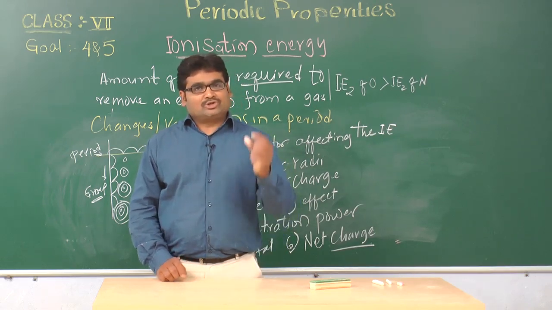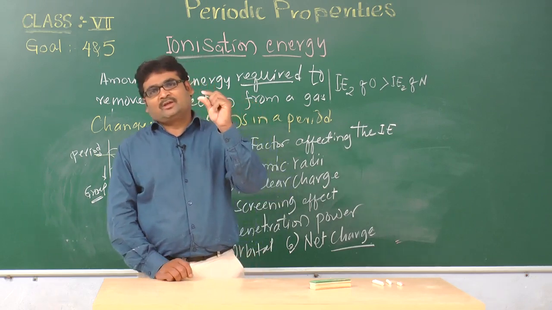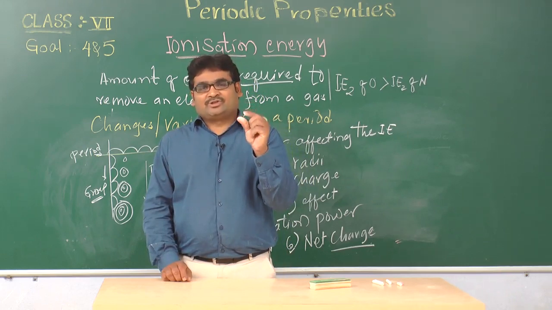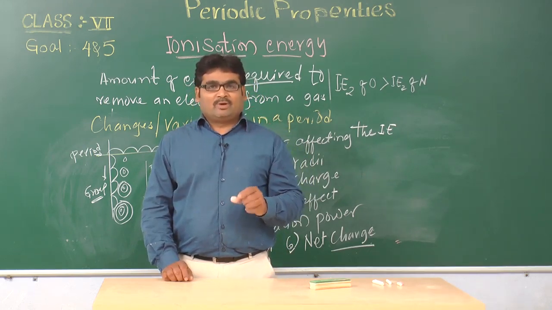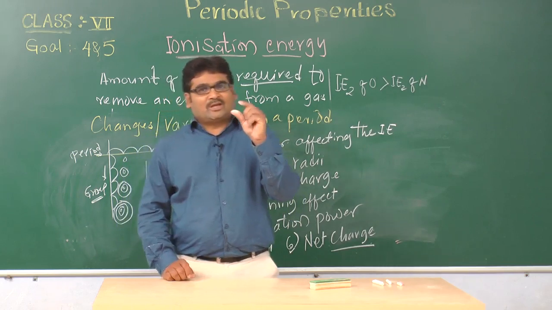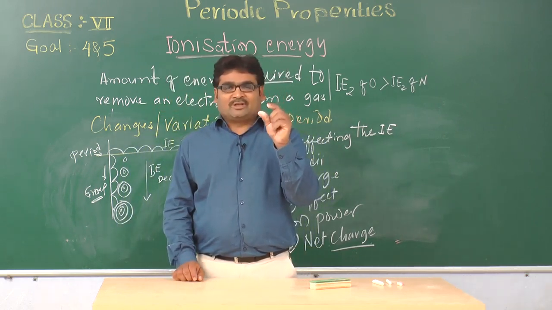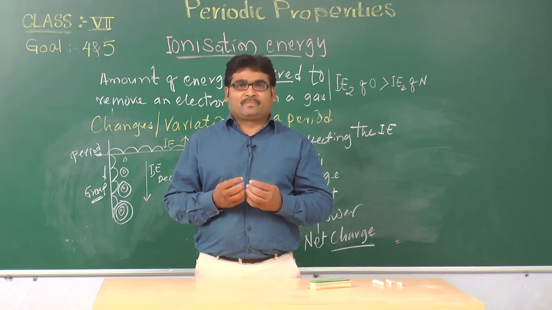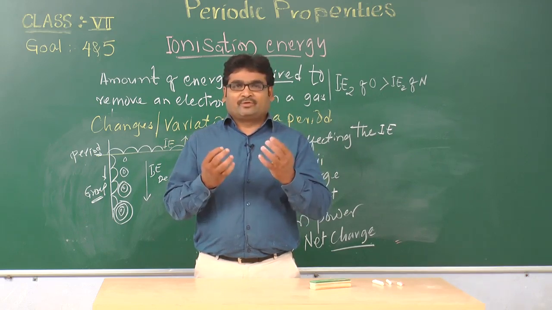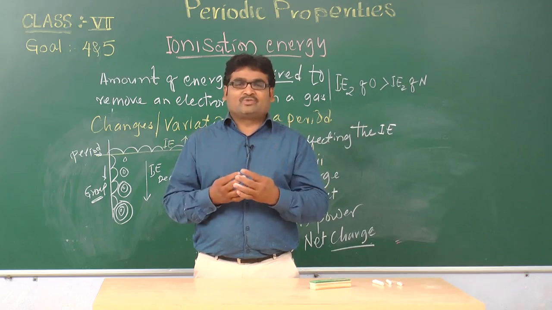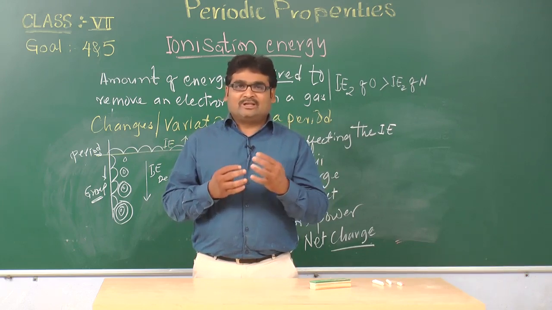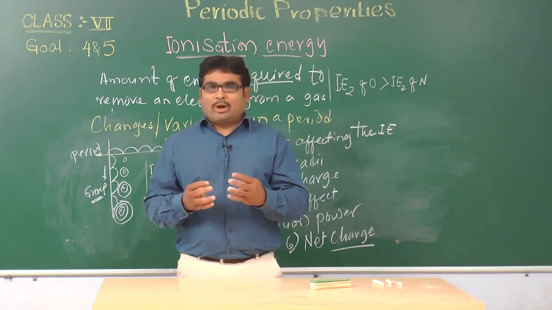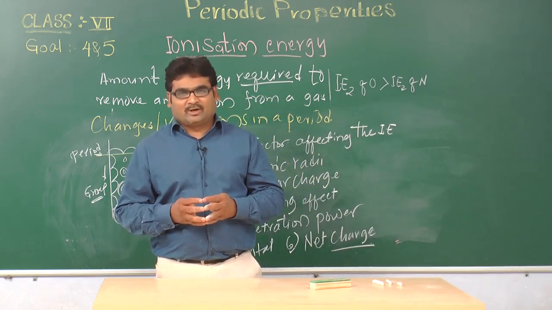Smaller the size of the atom, the greater the ionization energy required, because when the size is small, the valence electrons are closer to the nucleus. So, there is a strong attraction between the nuclear charge and the valence electron. So, we require more energy to remove the electron.